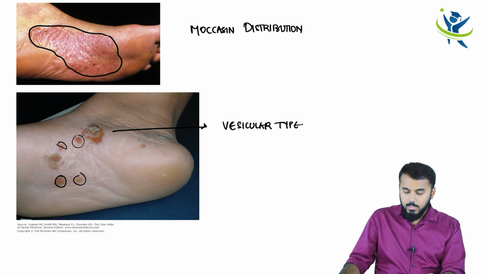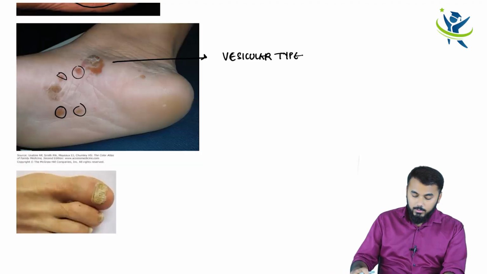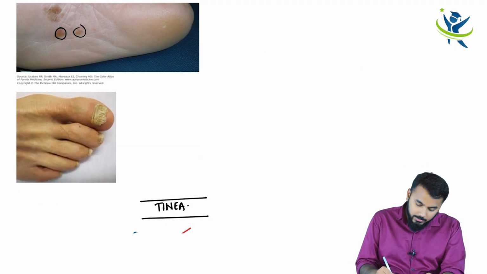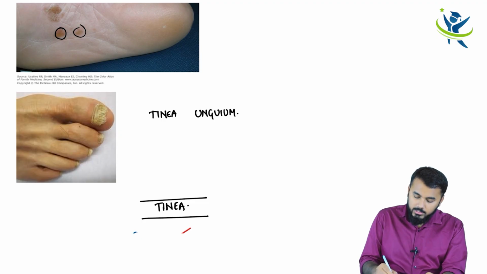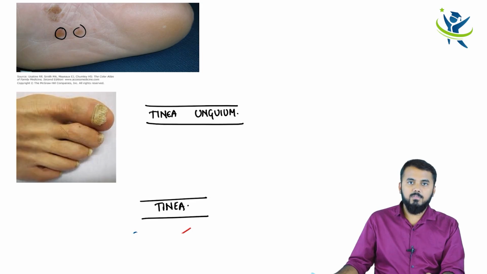Clear? Now the next infection we shall be discussing is Tinea unguium. There is nothing much to write about this. This is called Tinea unguium. Now what is Tinea unguium? If the tinea infection mainly infects the nails, that is called Tinea unguium.